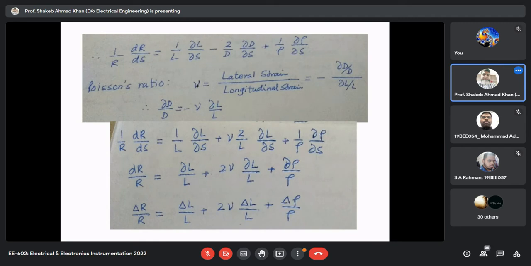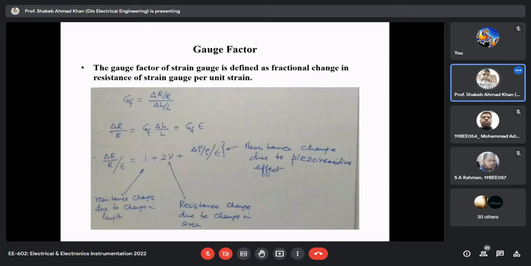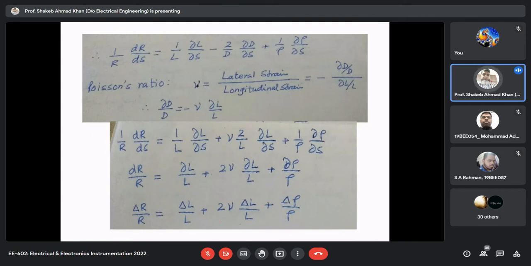So this is when subjected to strain. Now if these changes are discrete or large, then this can be replaced by delta R upon R and delta L upon L. So this is the final relation: the fractional change in resistance of the strain gauge is because of the fractional change in length plus fractional change in area plus fractional change in resistivity.